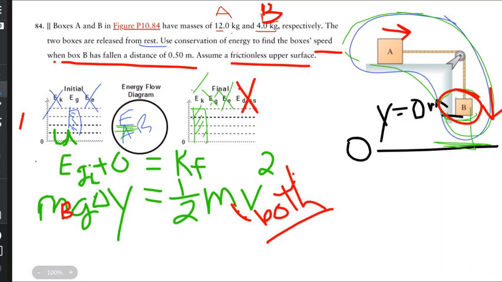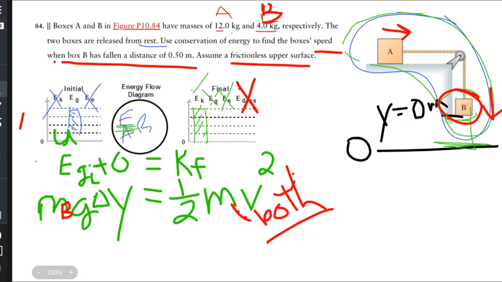Those don't cancel out because those two masses are different. Again, block A does not change in potential energy, so we don't include it in our LOL diagram, but block B's does change. So that's why we include that.